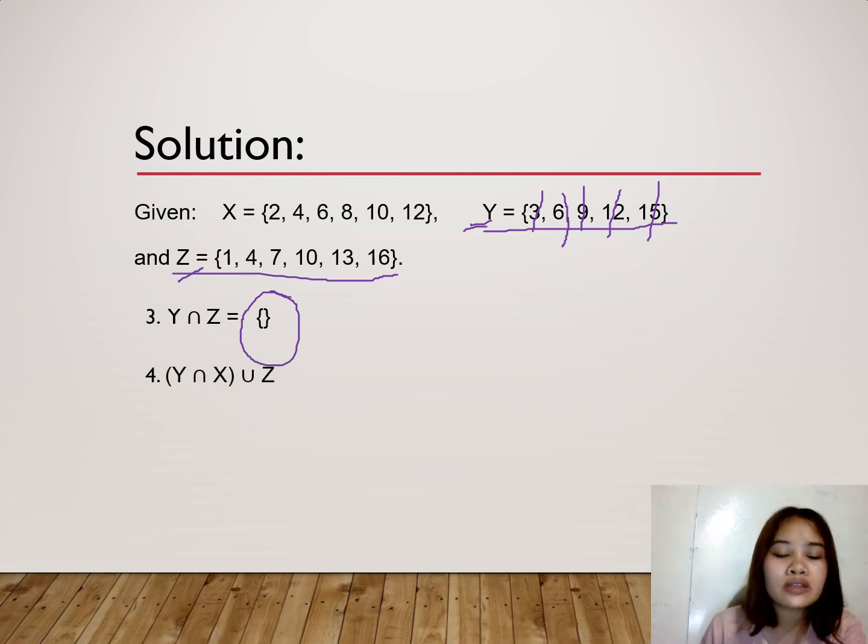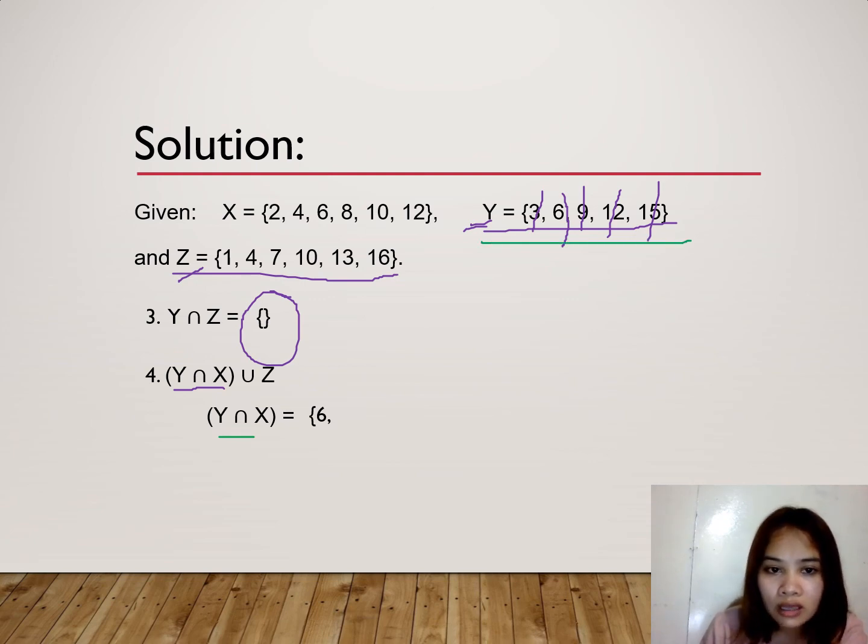Okay, let's proceed to this. Y intersection X, then union Z. So, let's first have this one. Okay. So, Y intersection X. So, this is our Y and this is our X. Okay, can we find 2 in Y?